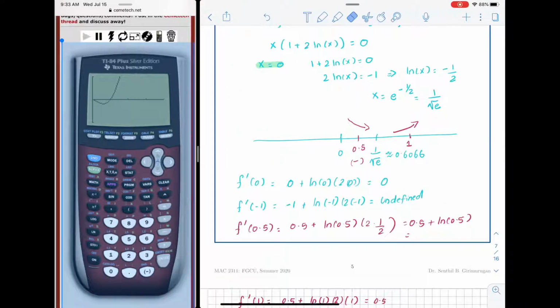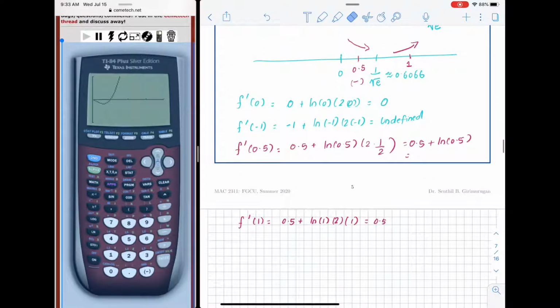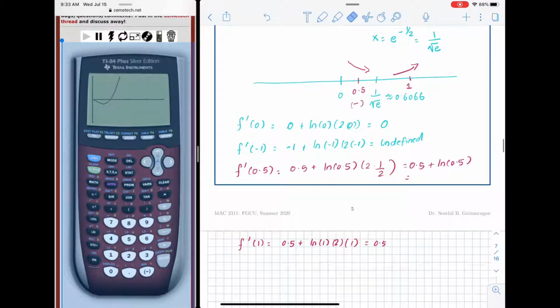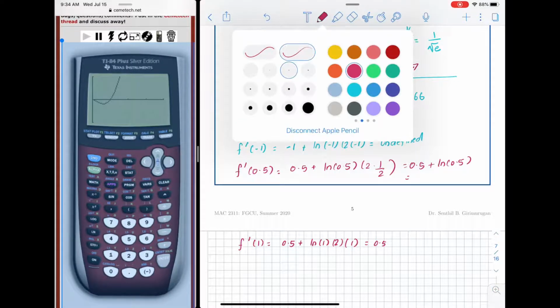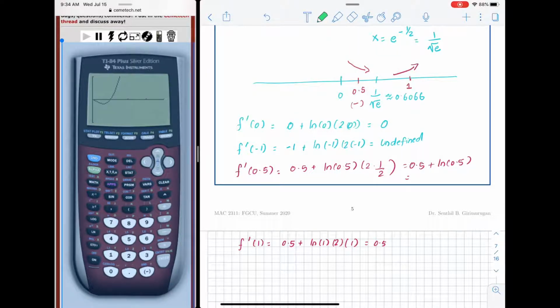So the zero value that we found is not the absolute maximum. So what we know is this particular graph satisfies the graph that I see in the calculator. So if you observe carefully, it sort of comes like that and it goes up.